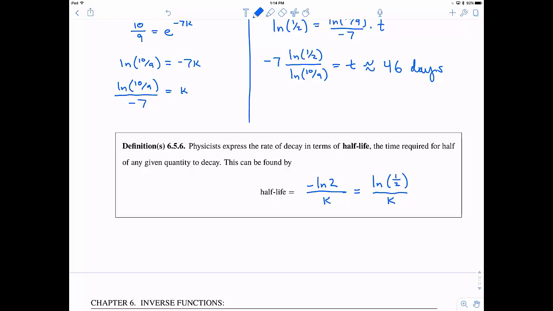So this would be the natural log of 1/2 divided by k. Now let's go up here really fast. In our answer, our t, our time for half-life, there it is, and that is our k. We solved for k before. So our answer is consistent with this formula here.